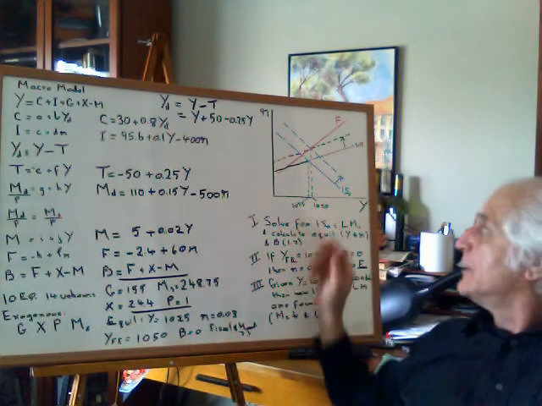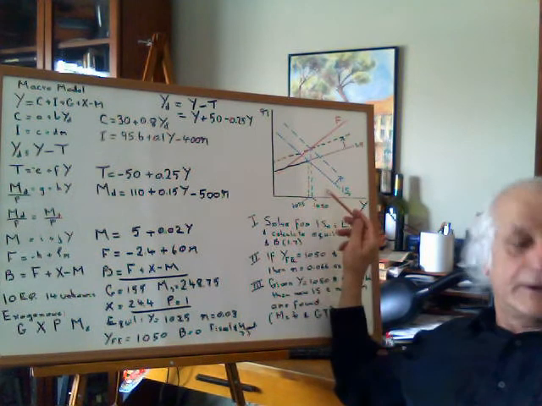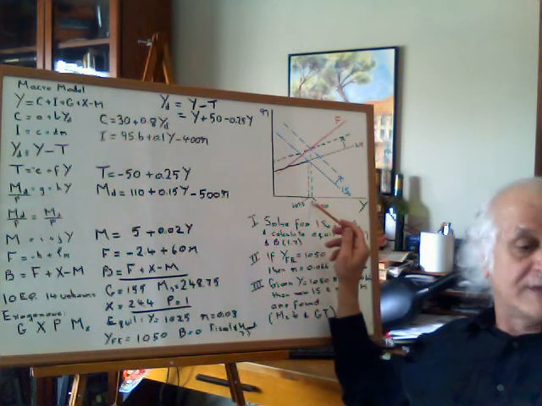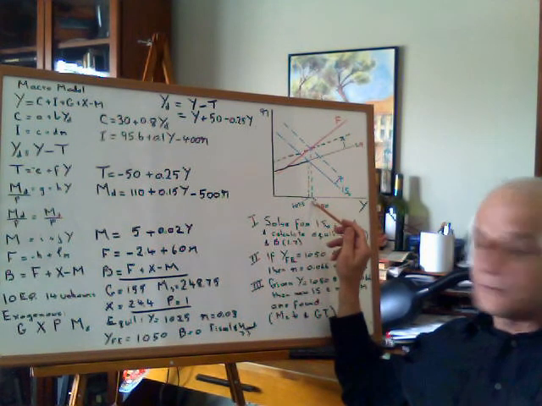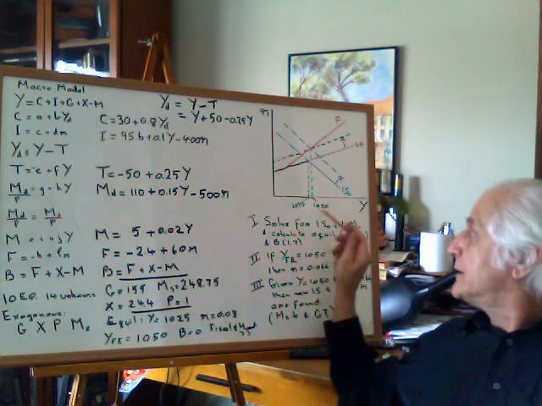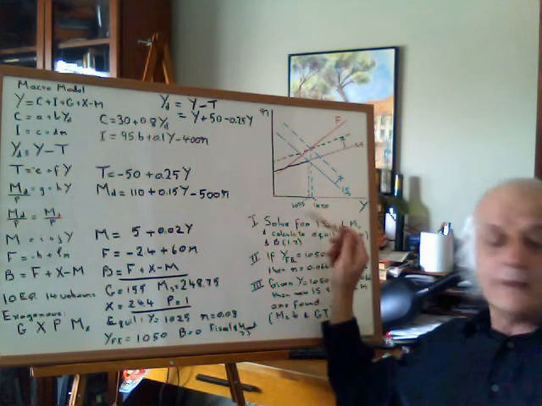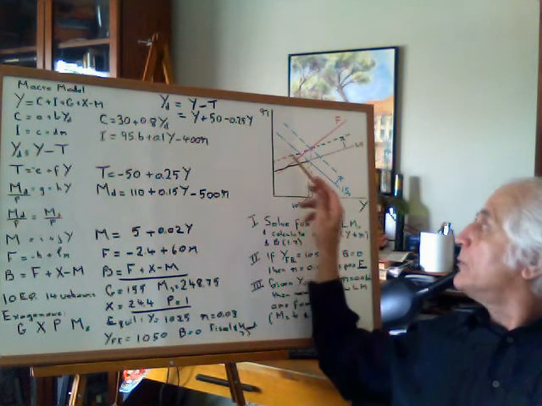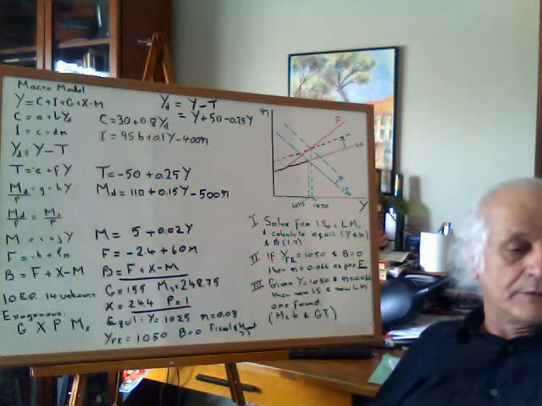Right now, I have an equation for the IS. I have the output, which is 1050. The equation is really very simple. So I take the 1050, I plug it in, and then I will be able to calculate my interest rate.